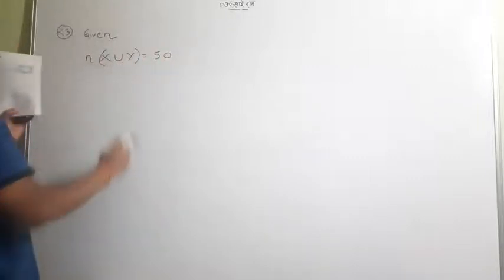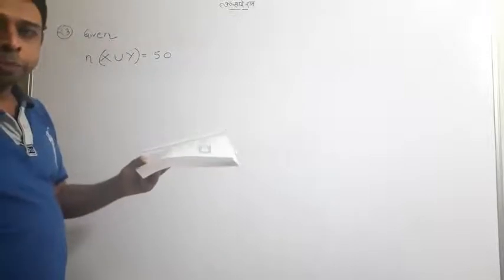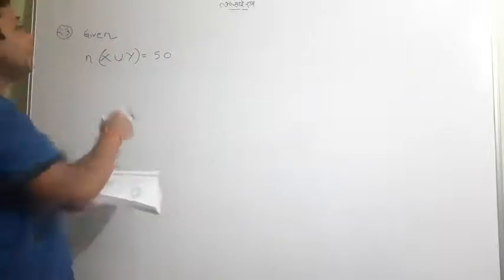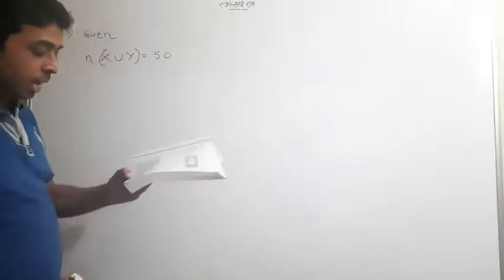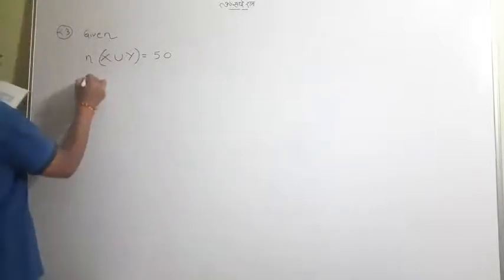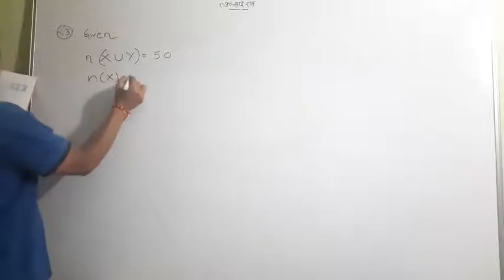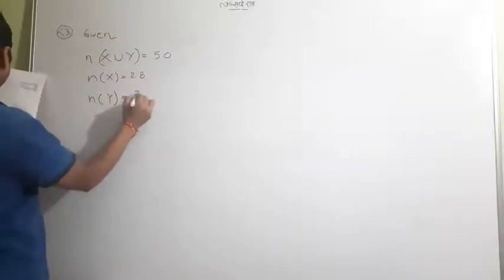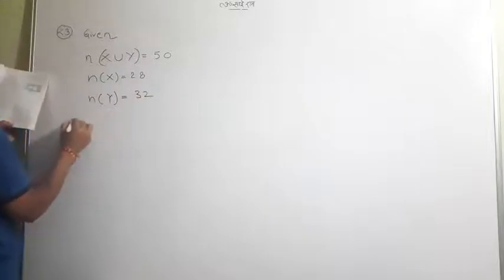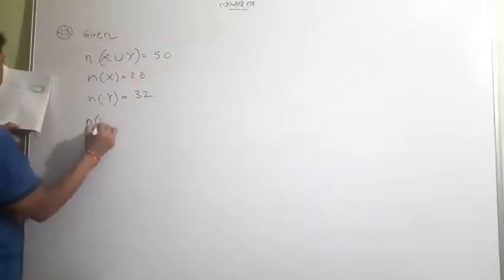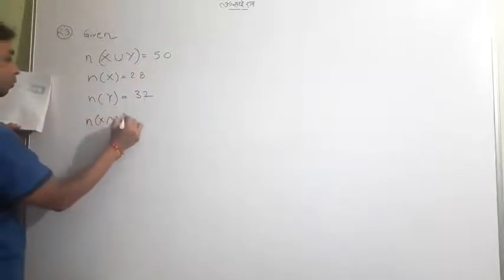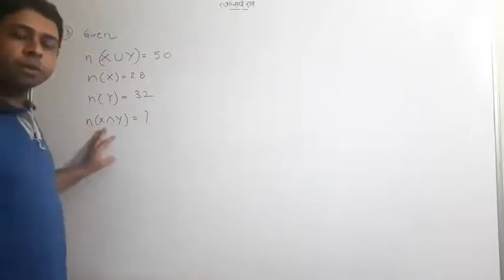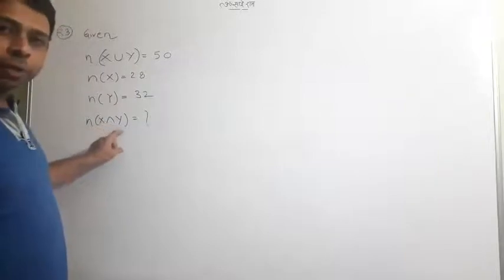N of X union Y is equal to 50. Because X union Y has 50 elements, meaning N of X union Y is equal to 50. X has 28 elements, Y has 32 elements. Question says, how many elements does X intersection Y have? So you just want to find the number of elements in X intersection Y.